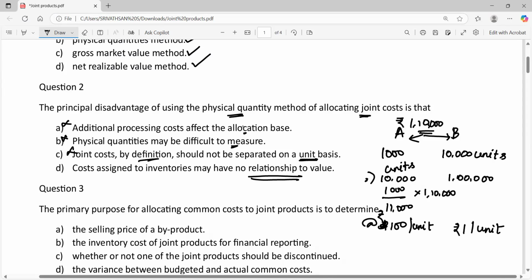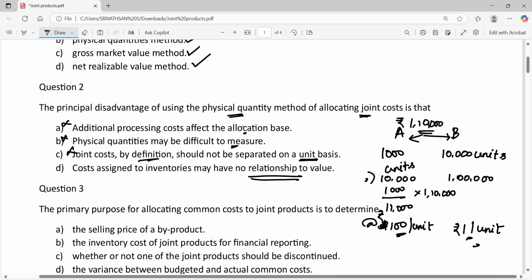So from looking at the selling price, we can come to a conclusion that product A is a complex product, right? But product B is a very simple product. That is the reason why it is sold for 1 rupee per unit. But product A is a complex product. That's the reason why it is sold for 100 per unit.